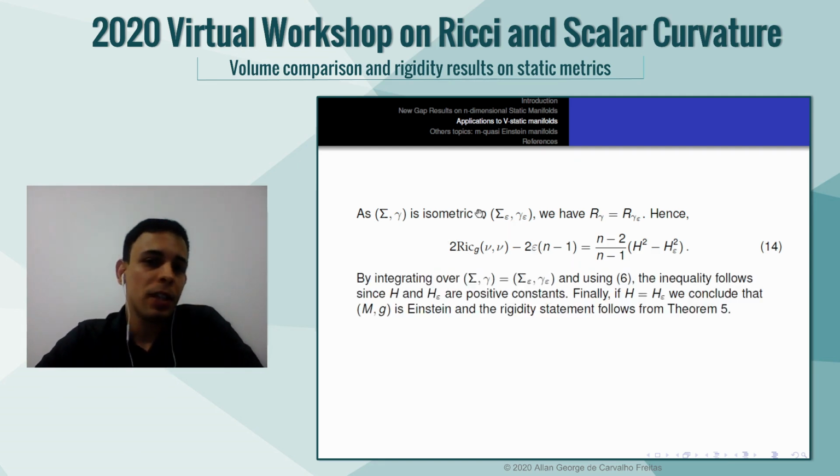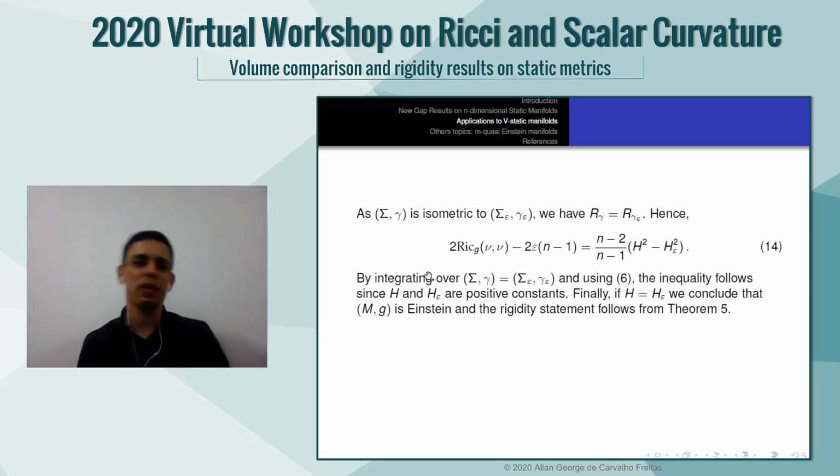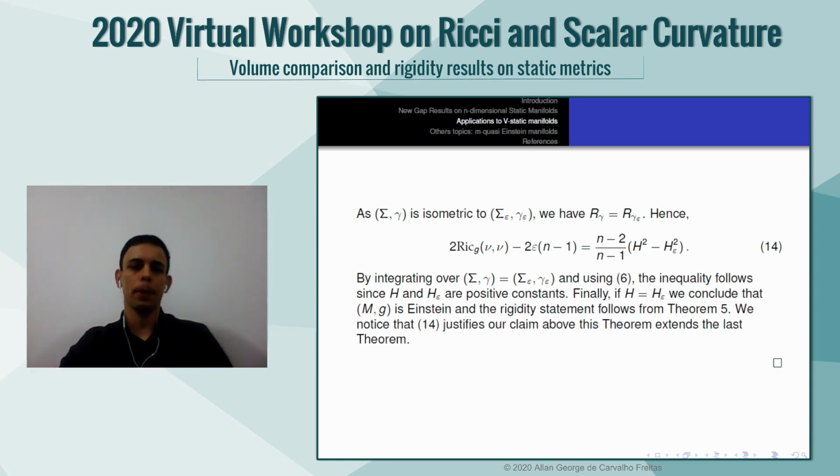And in fact, here we have a limitation for the integral of this side by the first theorem, okay? So we also have a limitation for this. And equality implies that we have an Einstein manifold and you use the characterization result from Miao and Tam, okay?